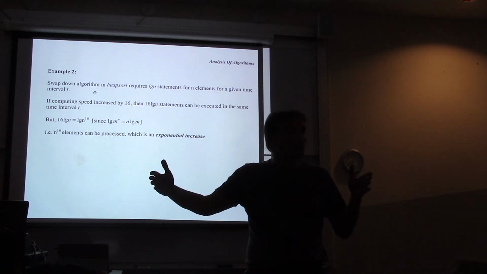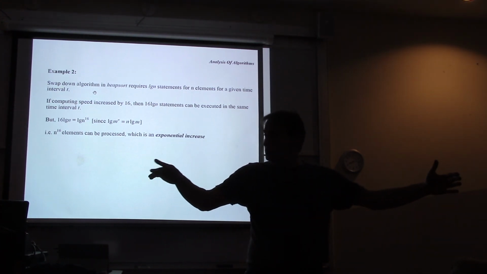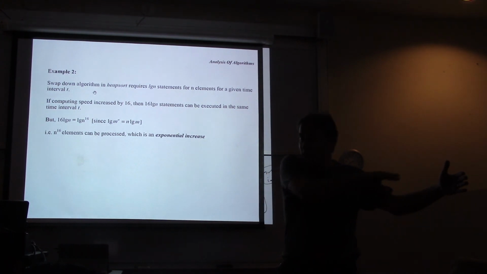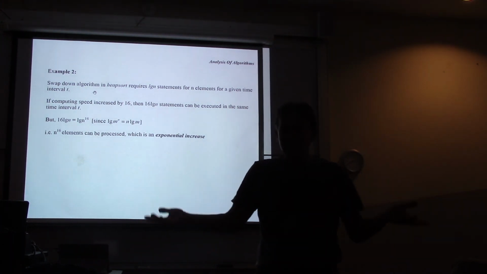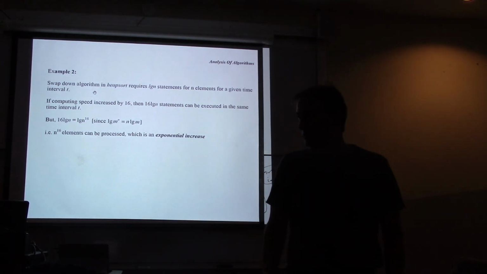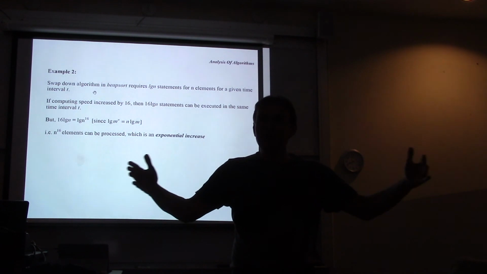So now you can execute 100 more statements in time t. So instead of n statements in time t, it's 100n. But since you're doing the same linear complexity algorithm, how big a problem can you solve? 100n. So you speed up the computer by 100, you solve a problem 100 times bigger.